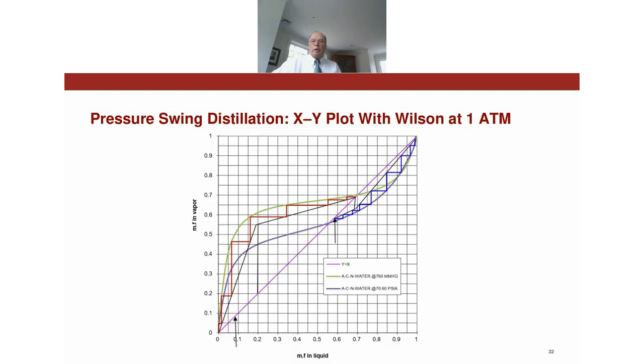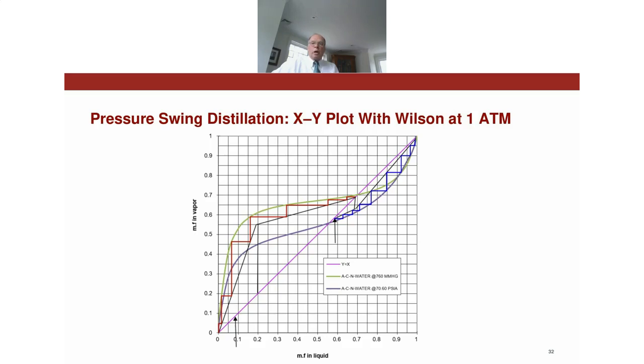And then above the feed, we have stages that get us up to the azeotropic composition. In this case, we actually operated the low pressure column under vacuum. And so the low pressure column produced a distillate product that was 89 weight percent acetonitrile, 11 weight percent water. And then we took that distillate and fed it to a pressure column.